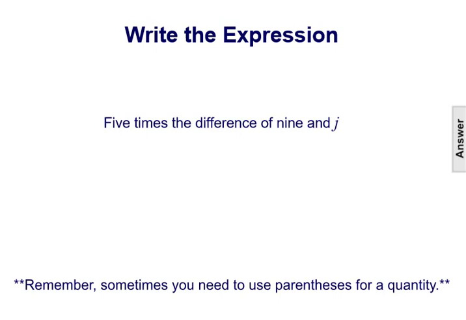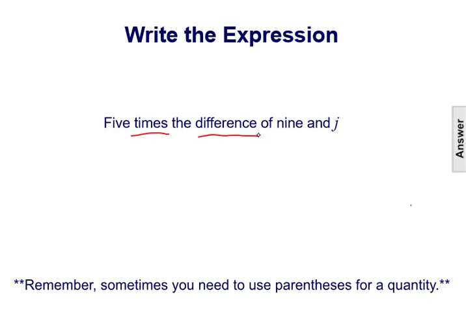Here we have the example 5 times the difference of 9 and J. Now here we have a lot more going on in this expression than just one operation. We actually have two operations. We have 5 times, so times is indicating multiplication, and we have the difference of 9 and J, which is indicating subtraction. So we have to remember that in our tool belt, we might need to use parentheses for a quantity.